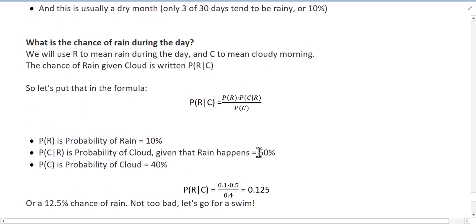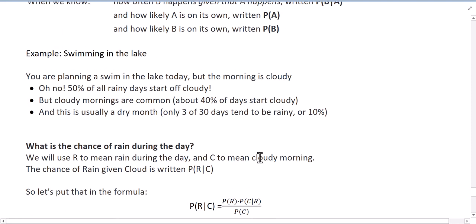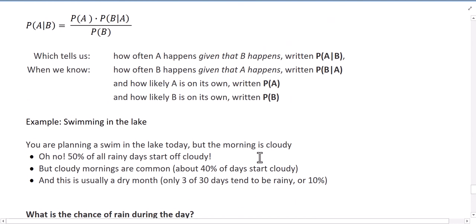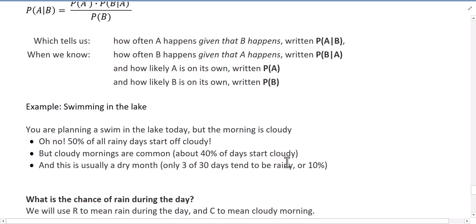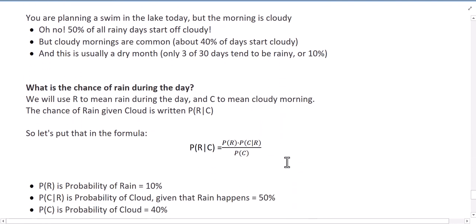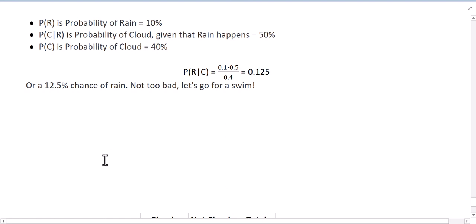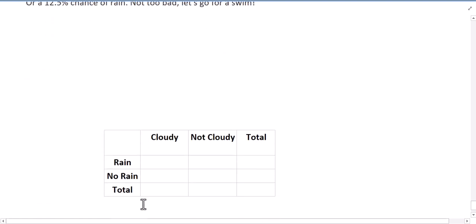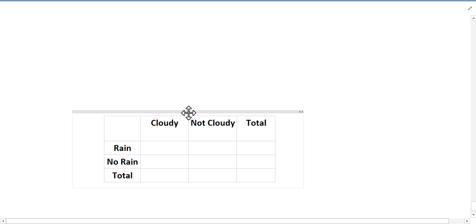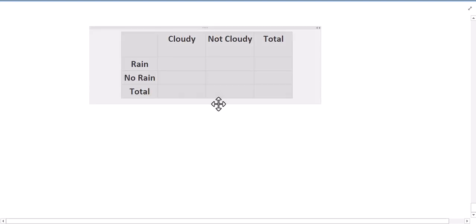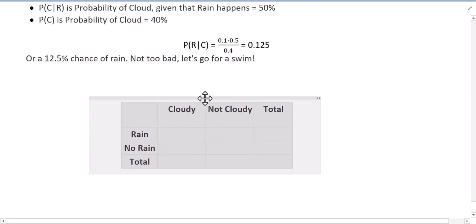It just gets a little convoluted, right? There's a lot of data in here. Going back to one of the examples I did in a prior video, a table is really helpful in organizing our data. So I'm going to set up a table here and move it up so we can use it with our data.